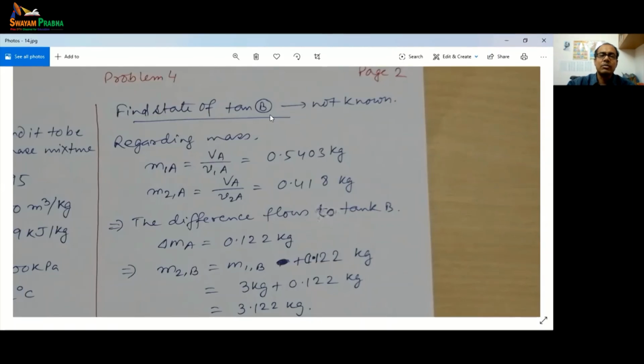So we need to find the difference in tank A mass between initial and final. The volume won't change for tank A, so by dividing it by the specific volume in state 1 and state 2, we can find the mass inside tank A in both cases. The difference of these two masses will flow to tank B, and that delta MA is 0.122 kilogram.